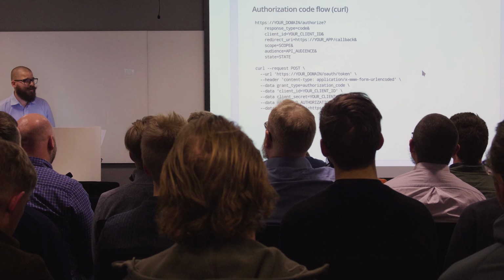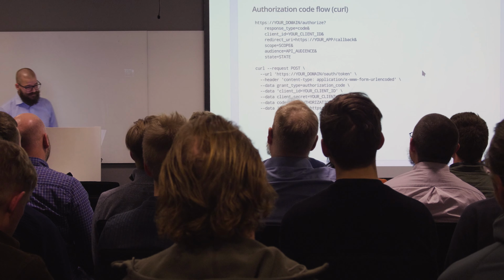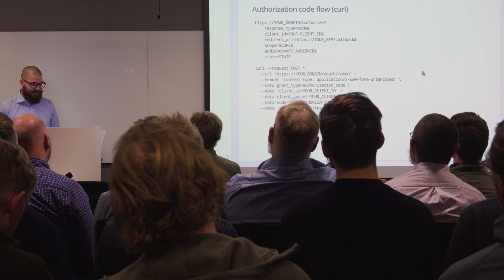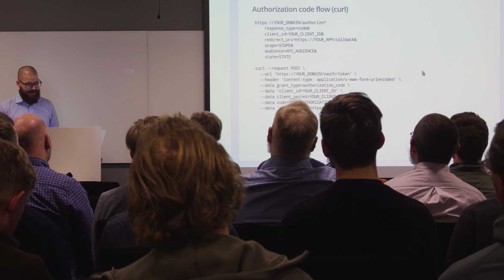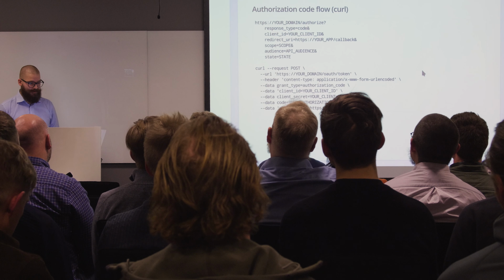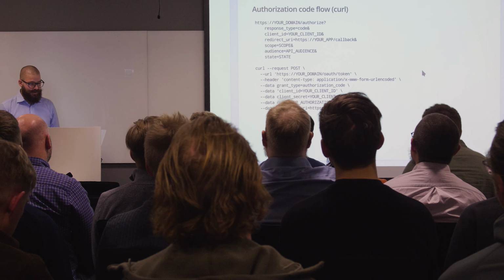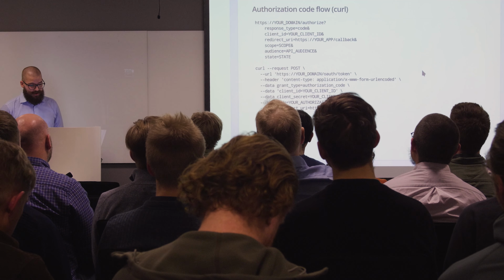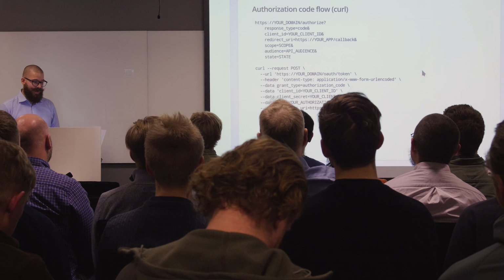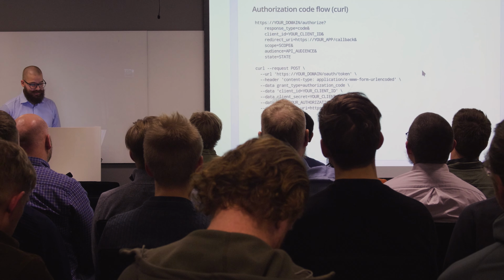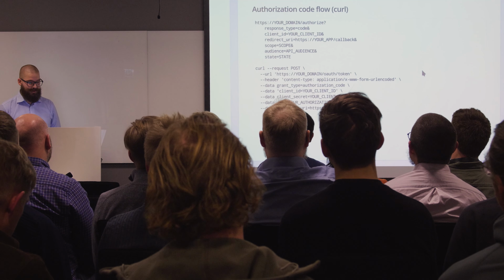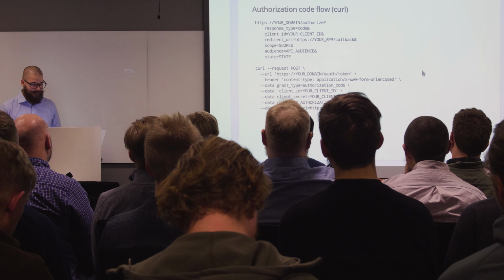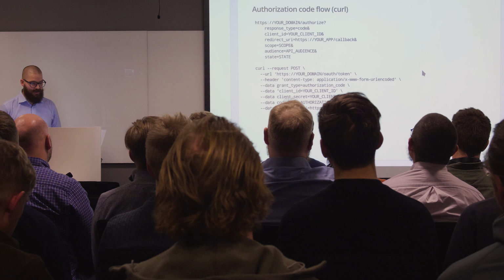Are you able to see this as well? Yeah. All right. So when you're using authorization code, the main point is that you tell the authorization server that you want a code. You identify yourself as a specific client, and you tell it what your callback is.